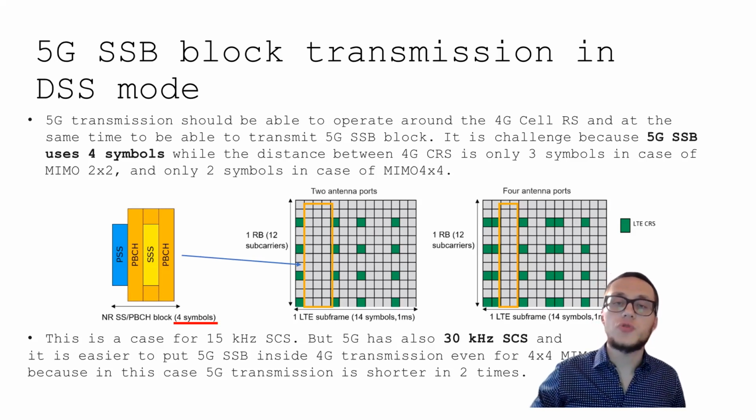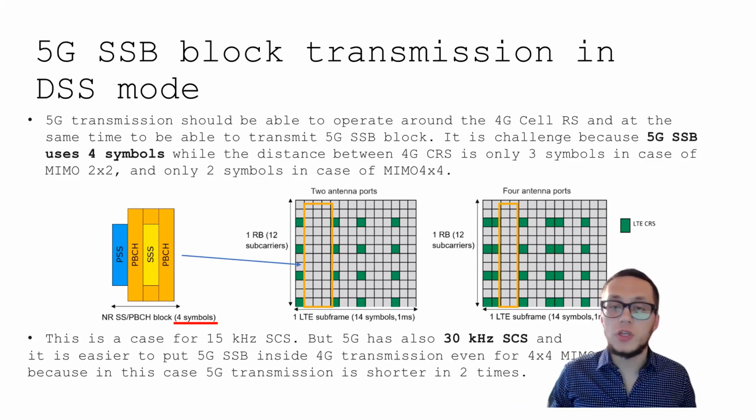If we transmit the SSB block with 30 kHz, it becomes 2 times shorter in the time domain. Instead of occupying 4 OFDM symbols, it may occupy just 2 OFDM symbols, in terms of the LTE resource grid. So in this case, it can be fitted just between the LTE cell reference signals.